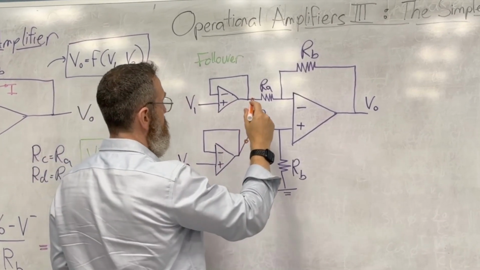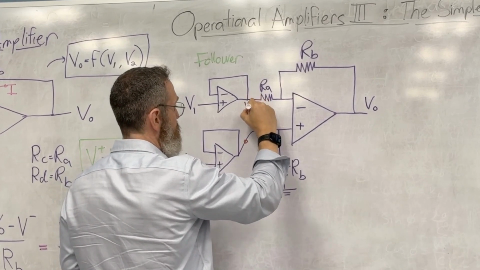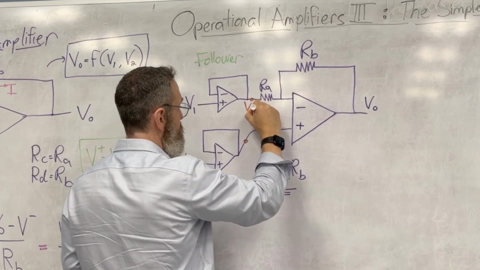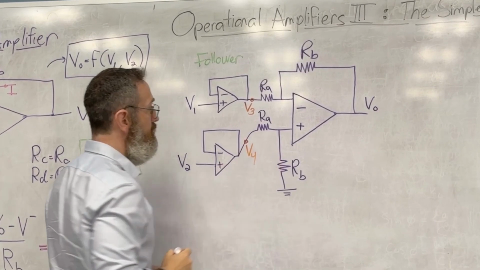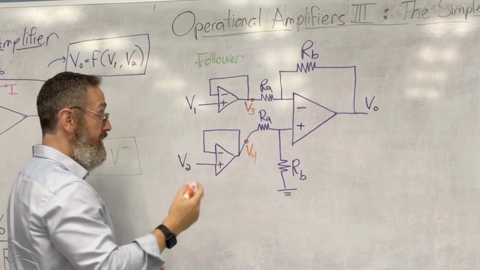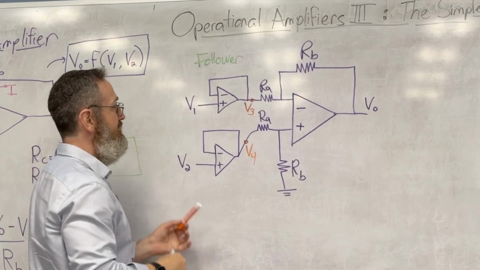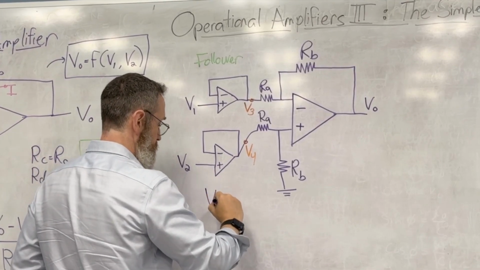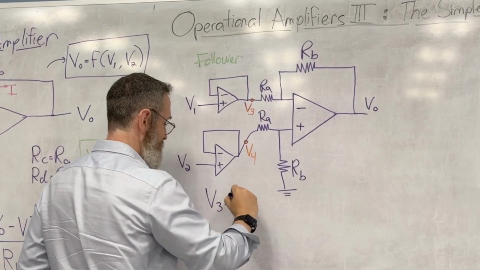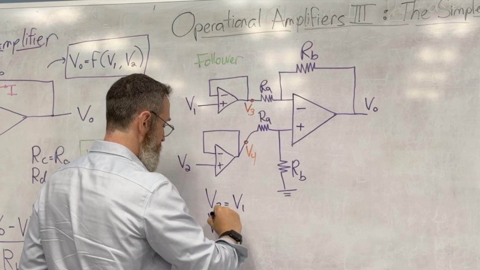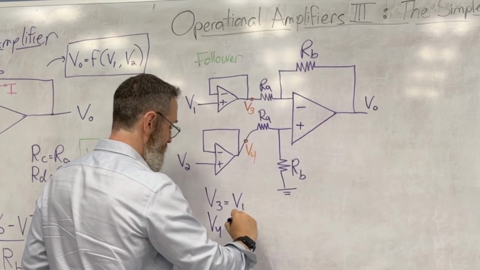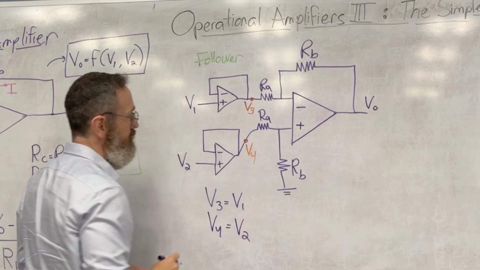I'm going to call this V3, and I'm going to call this V4, all right? But in fact, we can say that V3 is equal to V1, and V4 is equal to V2.